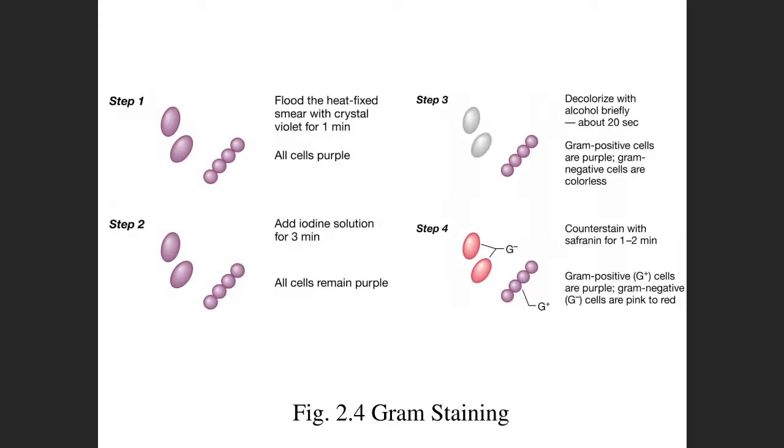Here are different stainings, and you will get to learn how to do gram staining. And let me just lay the question here: is gram staining an absolutely reliable technique, where you can always tell the difference between gram positive and gram negative?